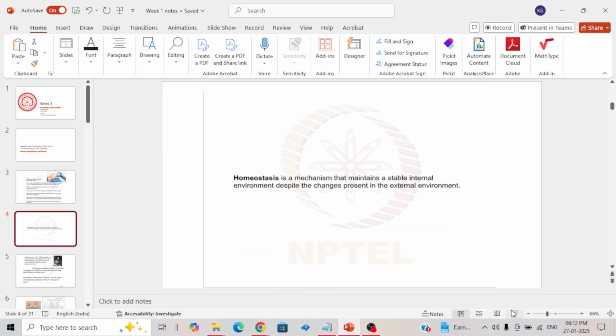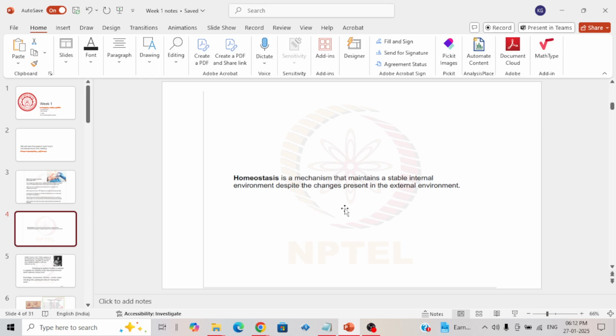Next thing is, the perfect definition for homeostasis would be: it is a mechanism that maintains a stable internal environment despite the changes present in the external environment. Because the body has some coping mechanism to adjust to these changes in the external environment.